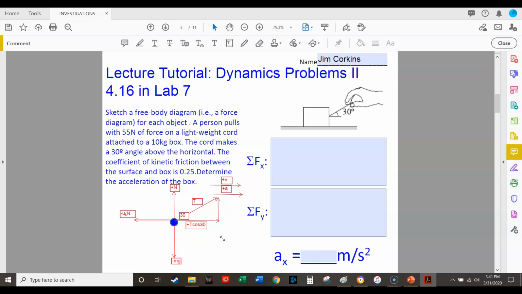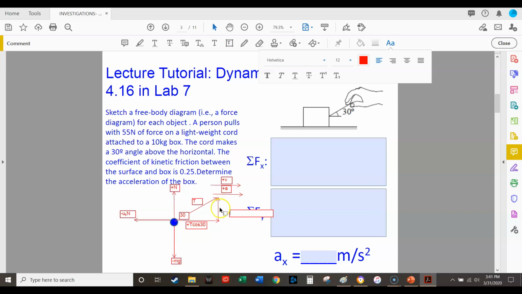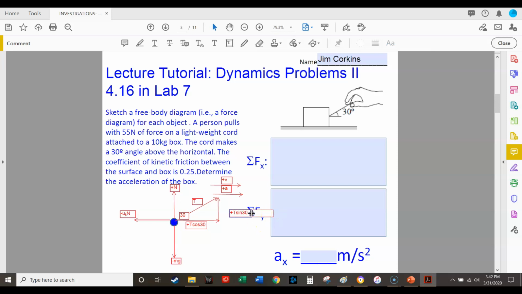Now let's draw the upward component. This side is opposite the angle of 30 degrees, so it's the hypotenuse times sine of 30 degrees, and it's pointed up. So positive T sine of 30 degrees. I'm going to move that into place. So here's your force diagram. Here's what it looks like.